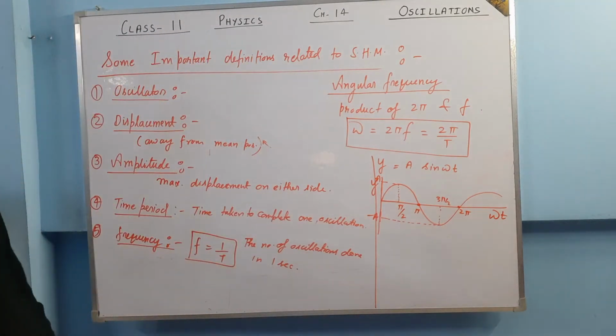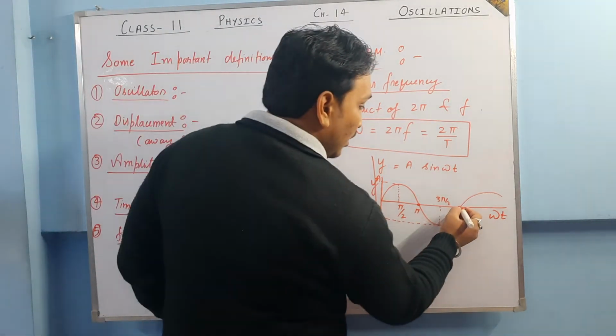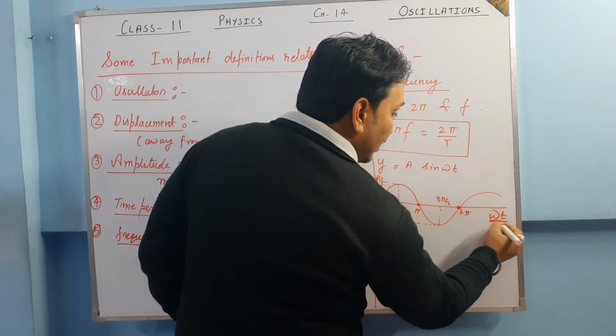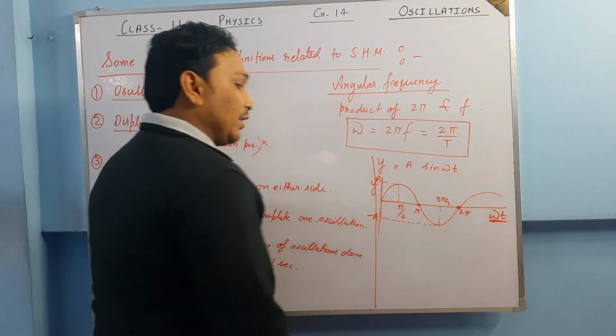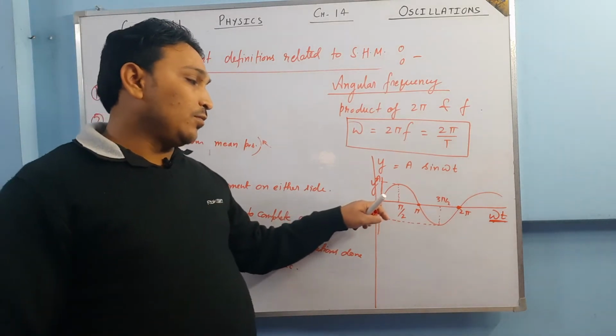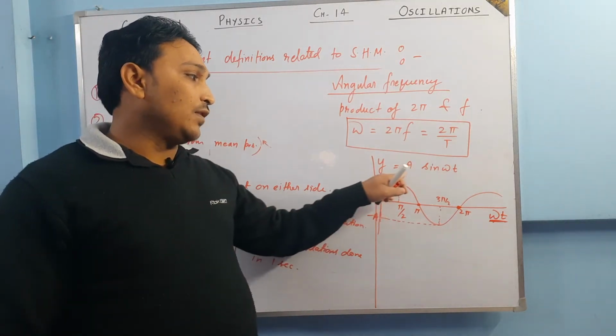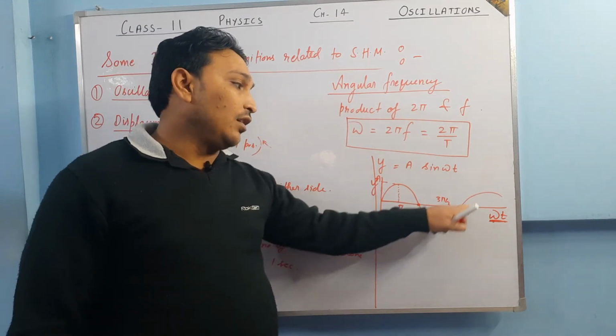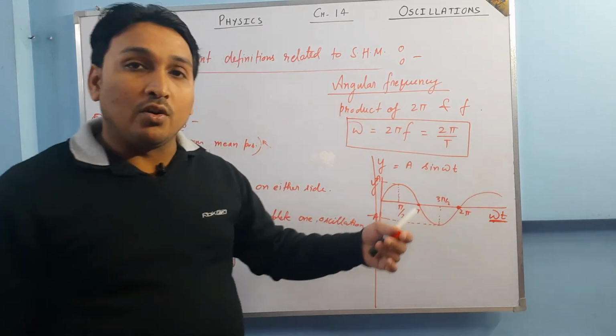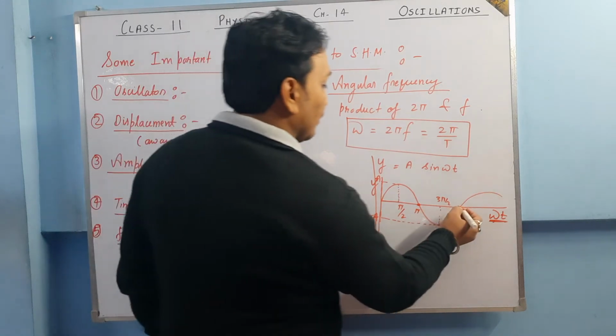This is where omega t is equal to 2 pi, and here one oscillation is complete. It starts from this position, goes one side, comes back to this one, then again goes on the other side, then comes back to this position. So here one oscillation has been completed.